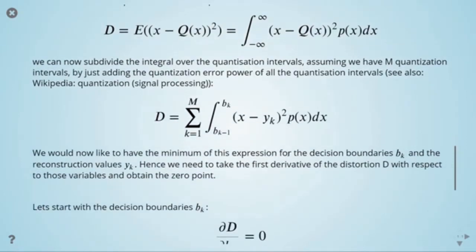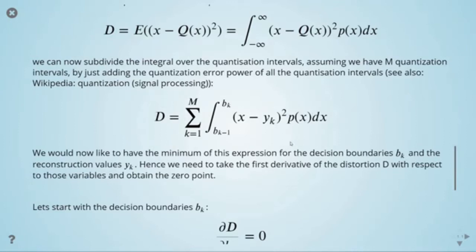What we would like to know is the minimum of this expression for the decision boundaries b of k and the reconstruction values y of k. So what we do is take the first derivative of the distortion d.